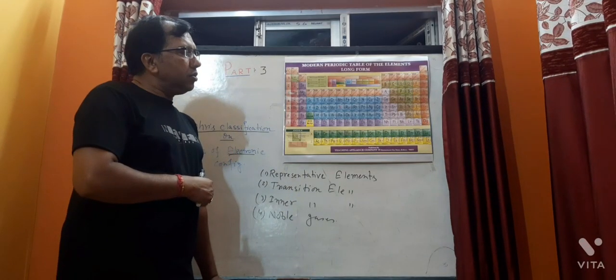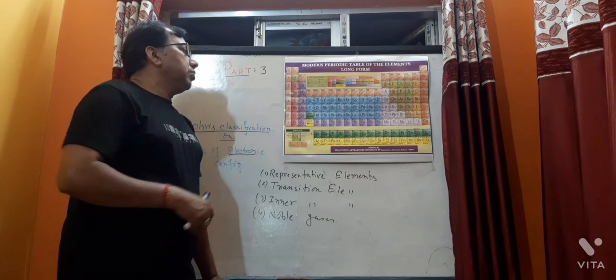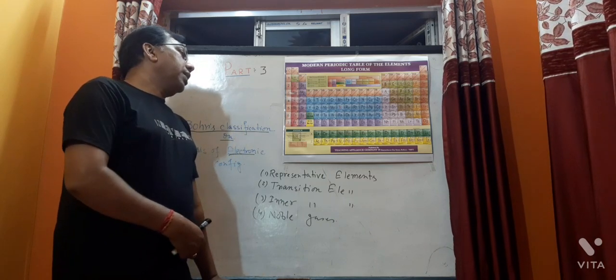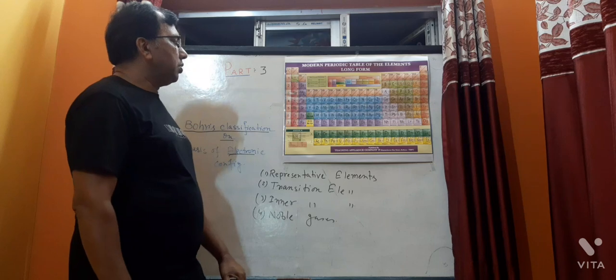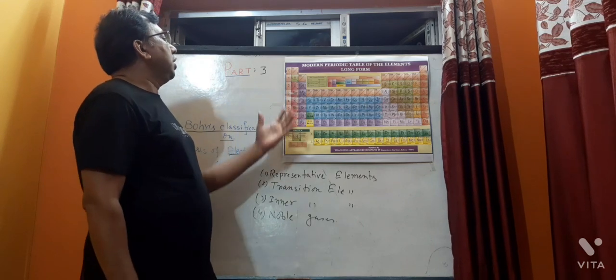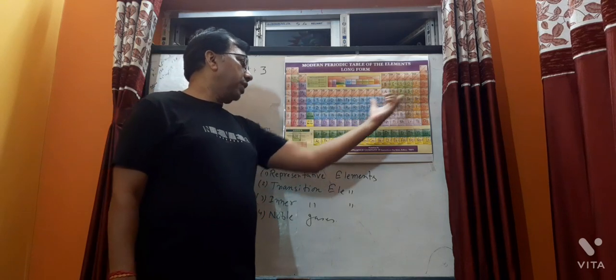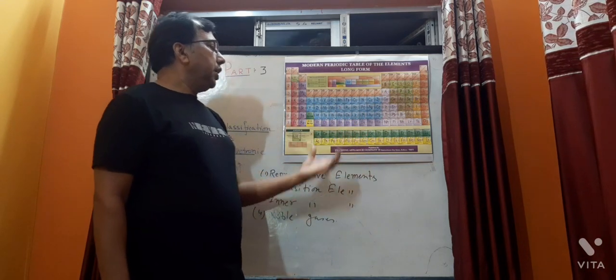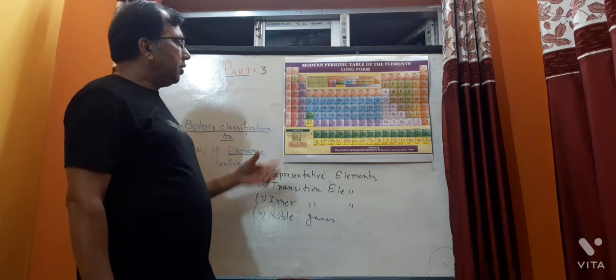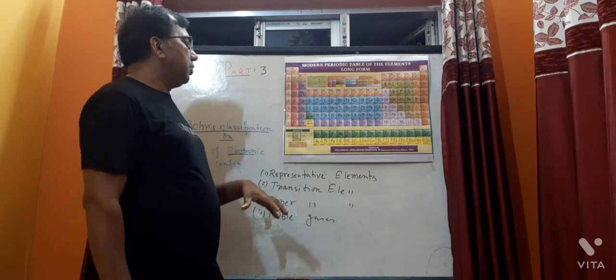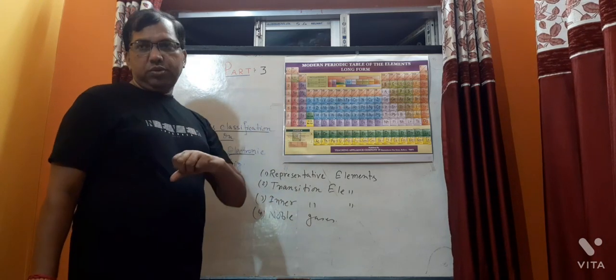What he observed, according to the classification of the electron configuration, the s block, d block, p block and f block elements, he classified the total elements in 4 groups.